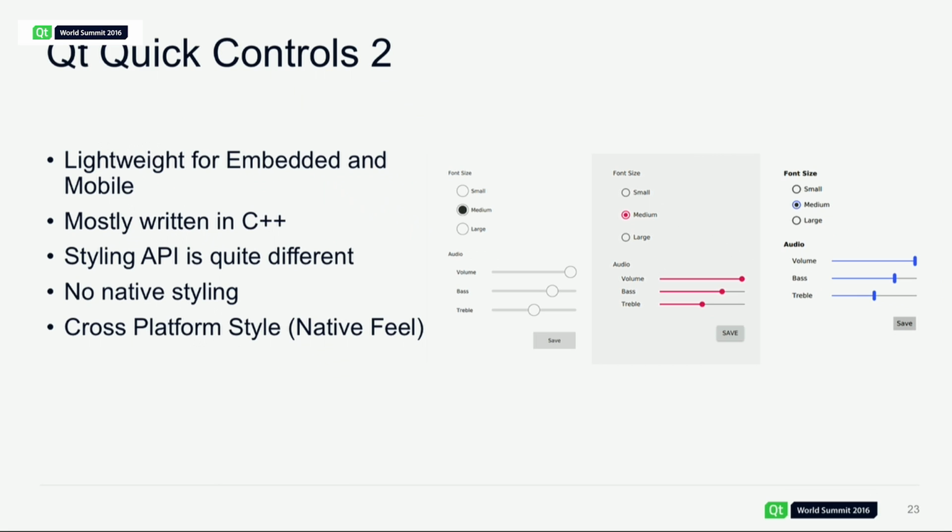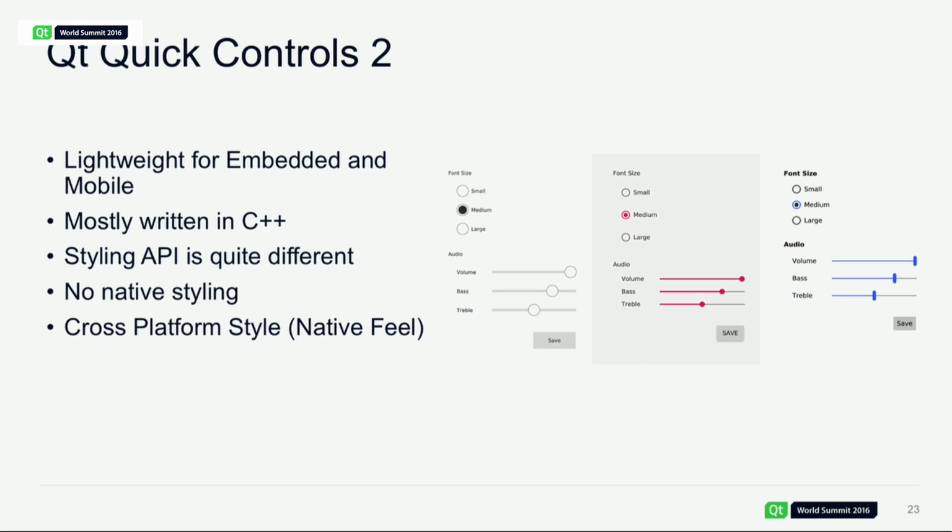Because QtQuick Controls 1 was quite heavy, we were trying to sell heavily to our embedded customers, yet what happens in practice is that they need to roll their own controls because our controls were so heavy. So to remedy this, we created a second version of QtQuick Controls that was lightweight and very friendly for embedded.